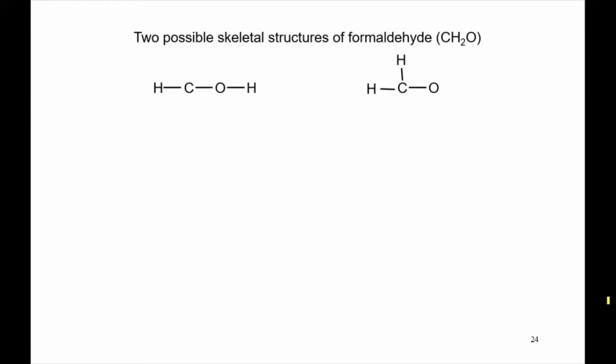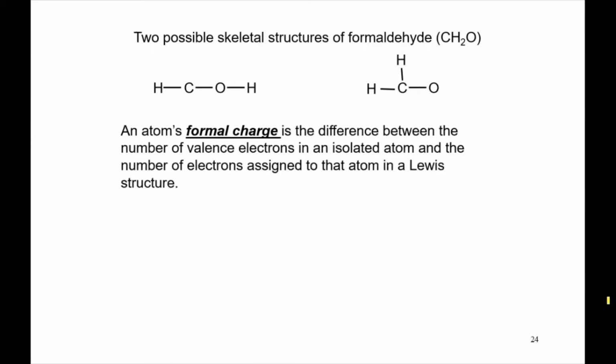Okay, so the concept we're going to use here is essentially a mathematical calculation called formal charge. Formal charge is when you look at an atom in the molecule and you calculate the difference between the number of valence electrons around an atom by itself versus the number of electrons that are assigned to it in a Lewis structure.